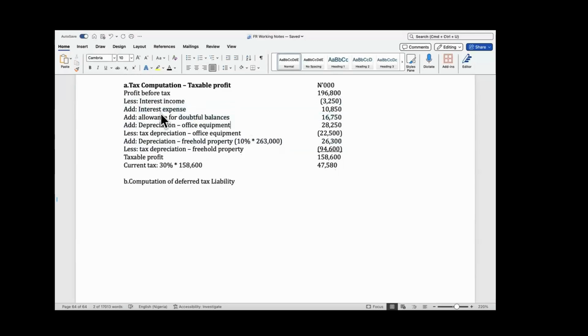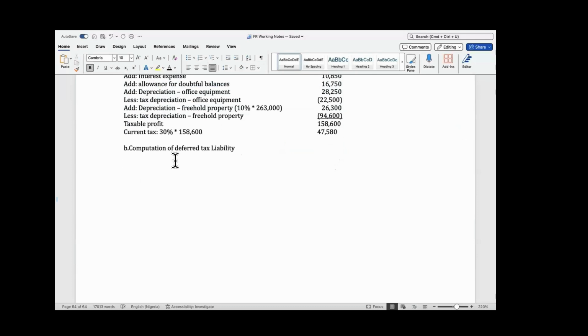The depreciation and tax depreciation is also causing temporary difference. So let me just do a column for carrying amounts. I have tax base. This is how we do it in real life. Then I have my temporary difference.